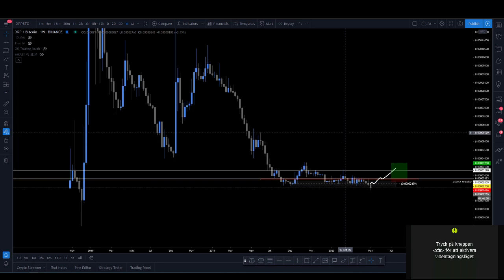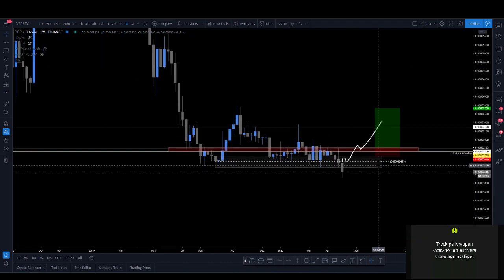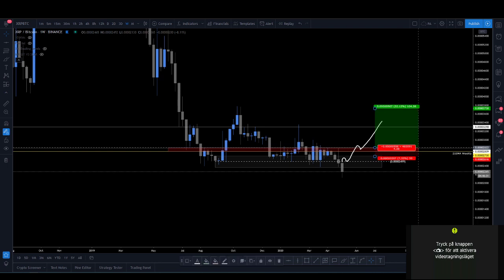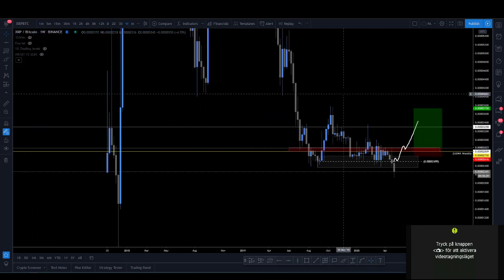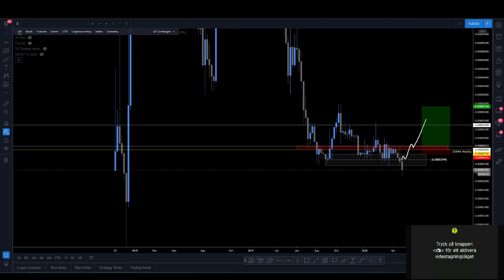But right now, no thank you. But if we reclaim 2,500 sats, we might see a move up here. And if we reclaim like 2,800 sats, I'm looking for this trade, right? But until then, sorry guys, Ripple company is ripping you off.